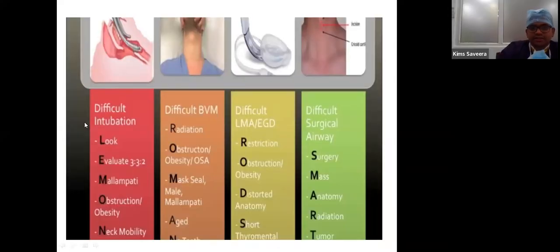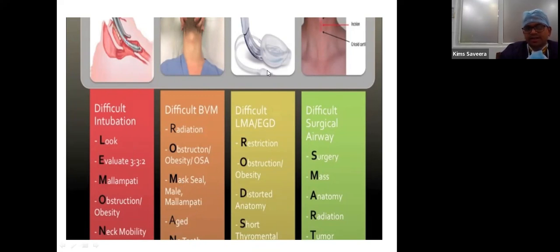This is a mnemonic for difficult intubation. This is the LEMON: Look, evaluate 3-3-2, Mallampati, and obstruction, obesity or neck mobility. This is for intubation. And for difficult bag mask ventilation, like ROMAN: radiation, obstruction and obesity and OSA, mask seal or male patient, Mallampati or aged.